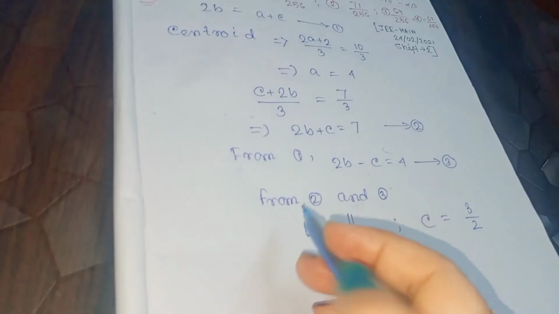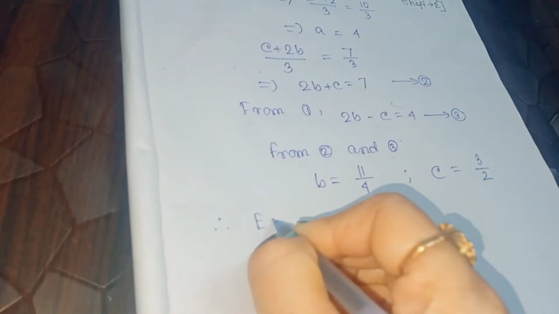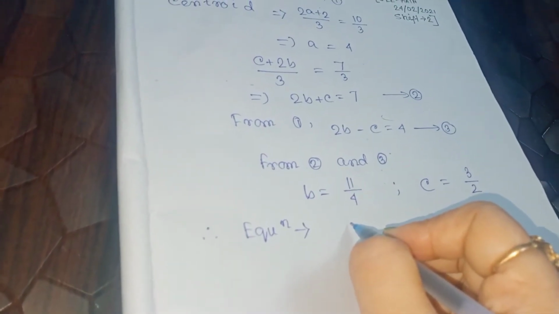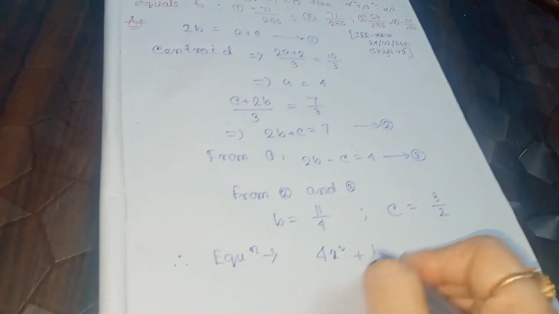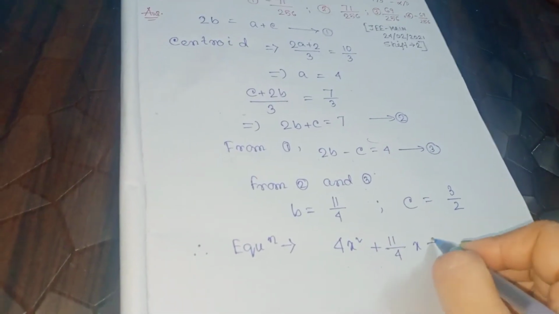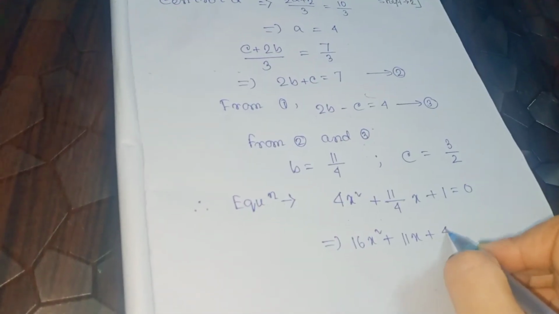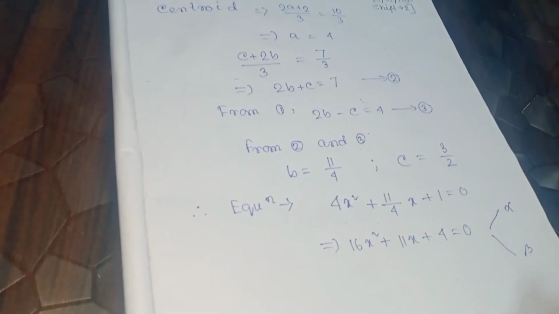Now the equation becomes, as alpha and beta are the roots of this equation, 4x square plus 11 by 4 x plus 1 is equal to 0. That implies 16x square plus 11x plus 4 is equal to 0, and this equation's roots are also alpha and beta.